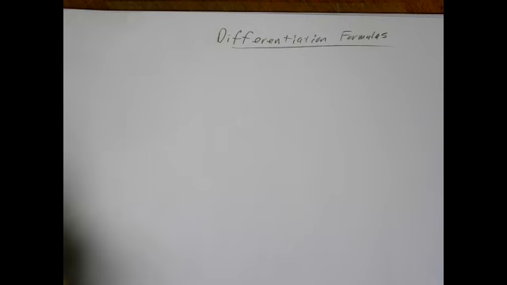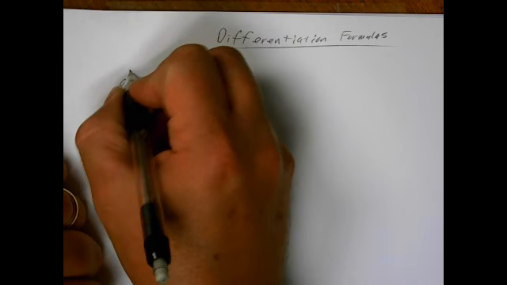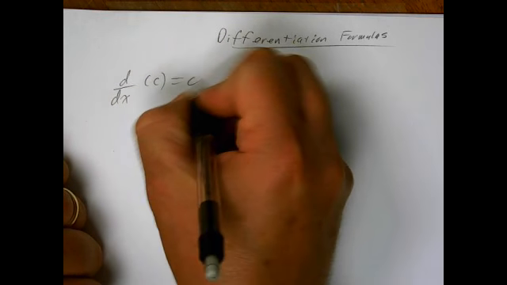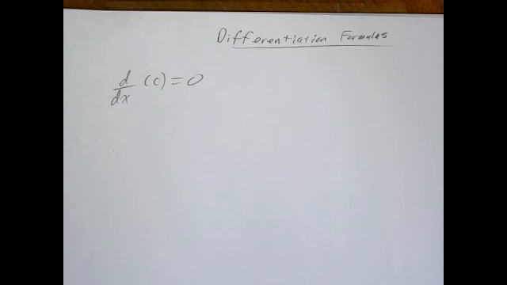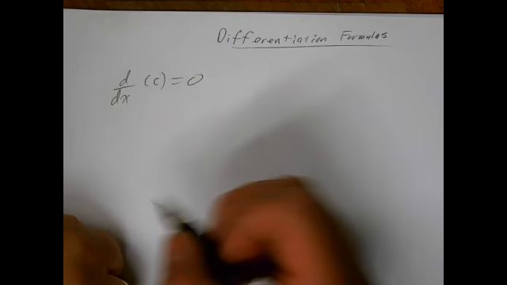All right, so in no particular order, first off, the derivative with respect to x of a constant is always 0. Now that one, if none of the others, should be pretty obvious as to why it works that way. Remember, derivative gives you instantaneous slope.